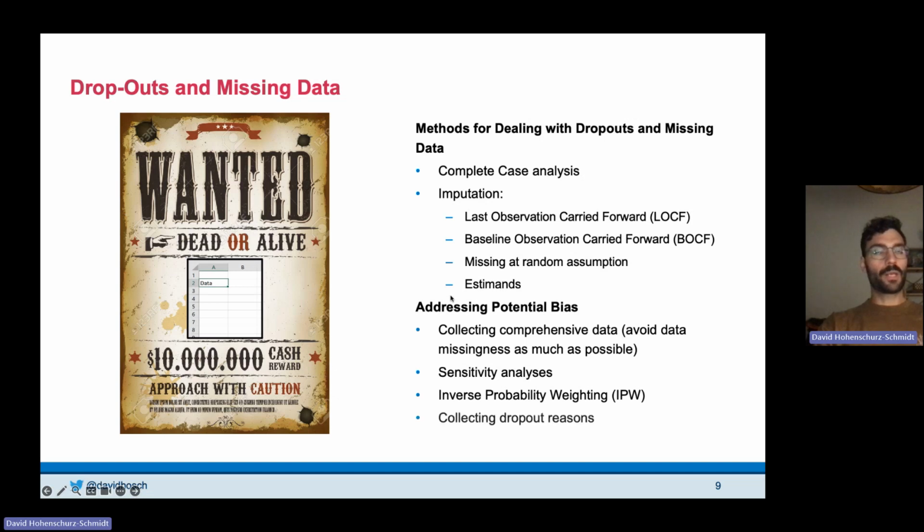There are other methods, and an important thing to do is also collecting dropout reasons. When reading trial reports, often you might find that missing data handling methods aren't mentioned at all. Like I said, in particular in randomized controlled trials that go on over multiple weeks or have long follow-up periods or complicated treatment regimes, that's an issue because likely they've had missing data and they will have had to deal with it somehow.